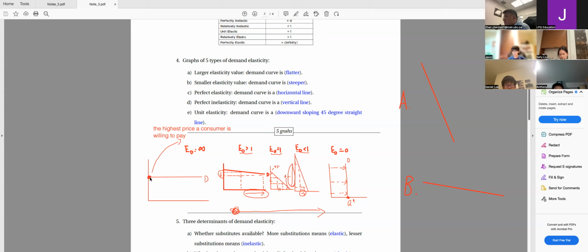But if the price required by the seller is lower than or equal to this price level, all the consumers are willing to buy any units. Once again, if the seller increases the price even by a little bit, the quantity demanded falls to 0. This is called perfectly elastic.